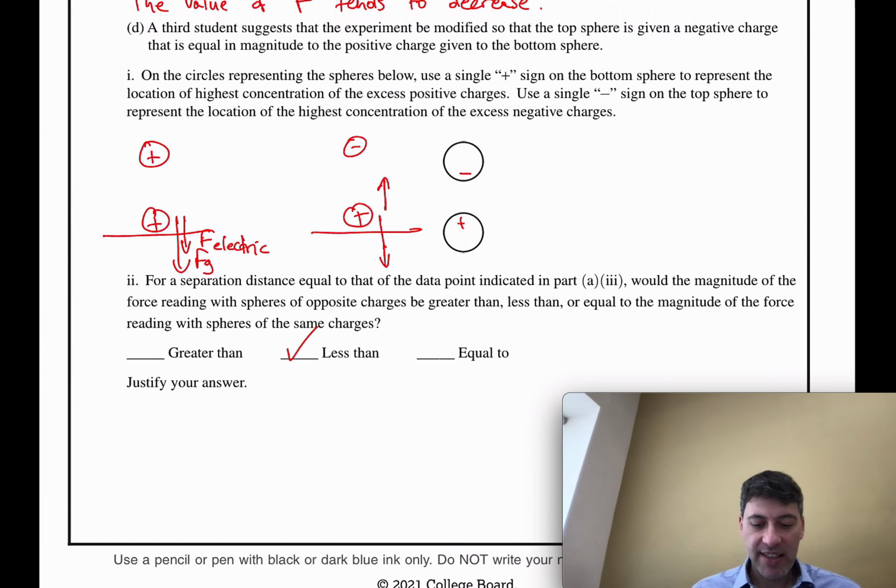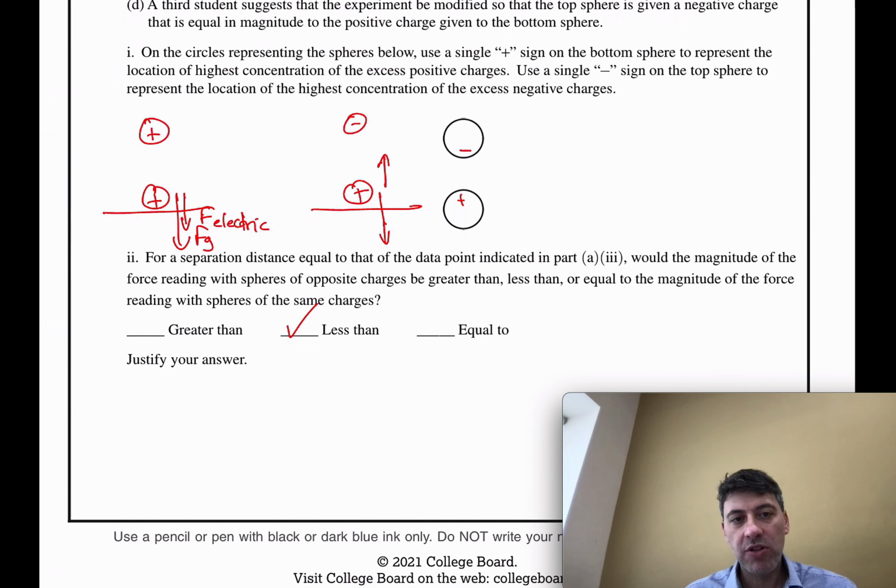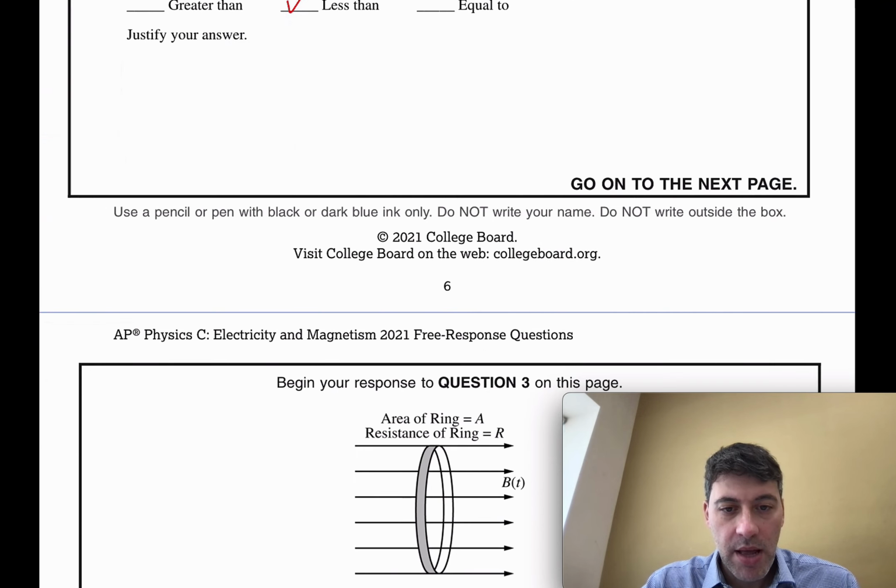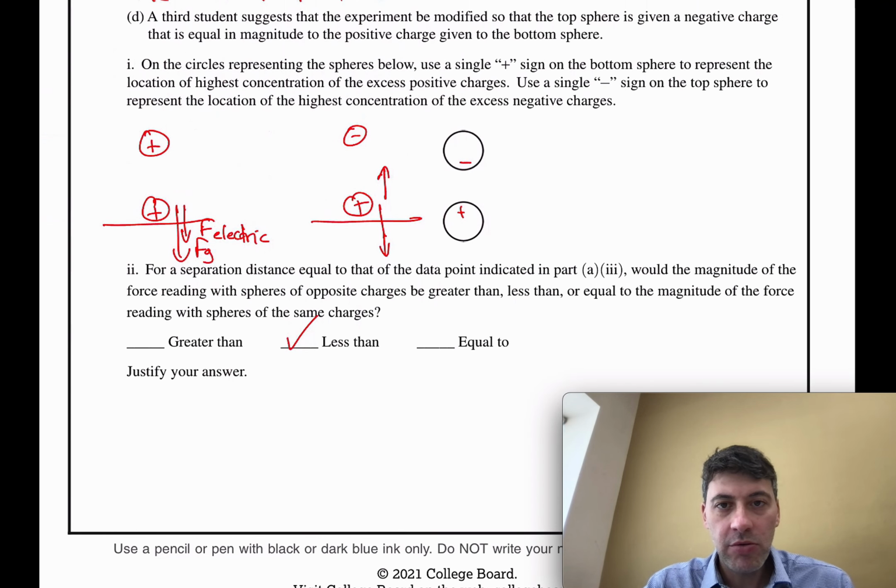And we need to explain this in a few words: the reading of the scale is the vector sum of the force of gravity plus the electrostatic force. Before, both of them were downwards, creating a greater value. Now, the electrostatic force is attractive, so it is in the opposite direction, reducing the total reading of the scale. And that was the end of part 2.